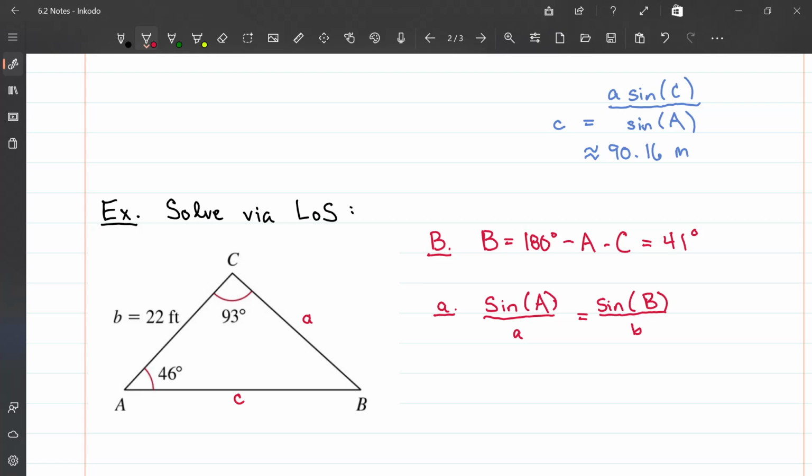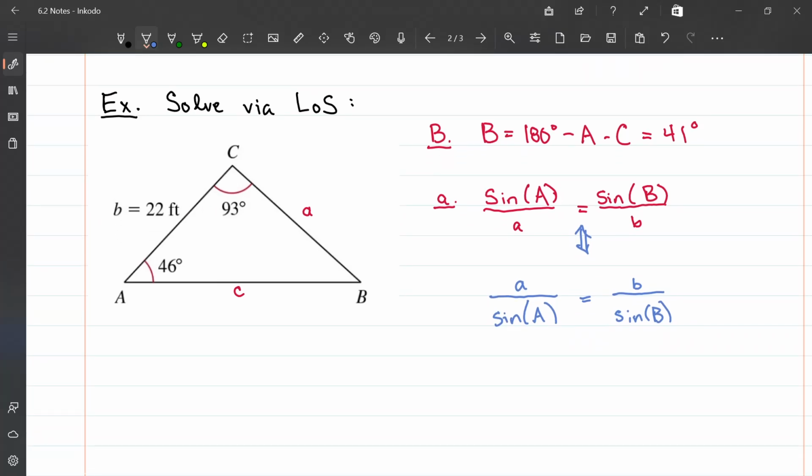We can also rewrite this, and if we do, it looks like that. Now we can rewrite it again.